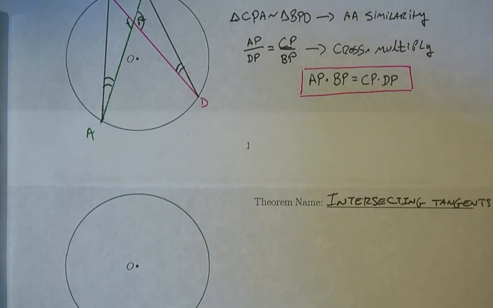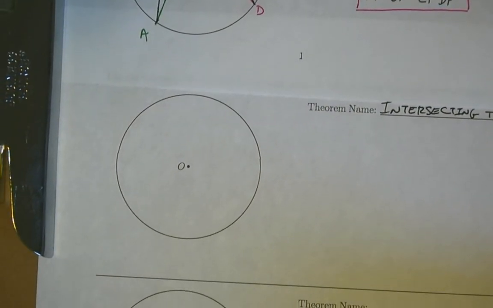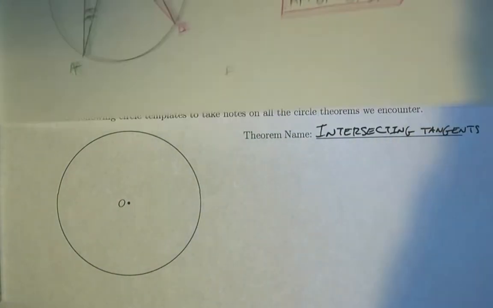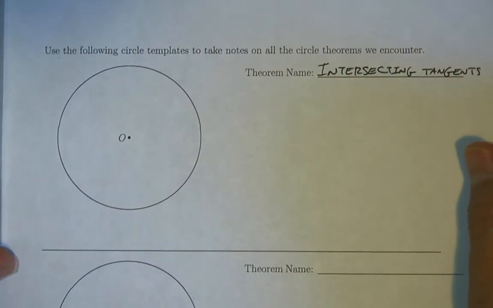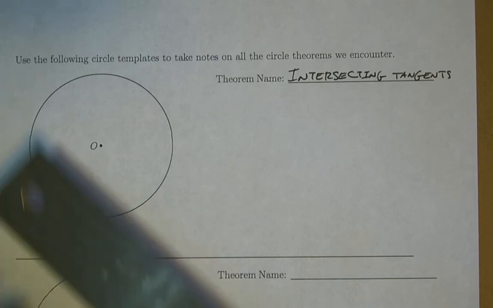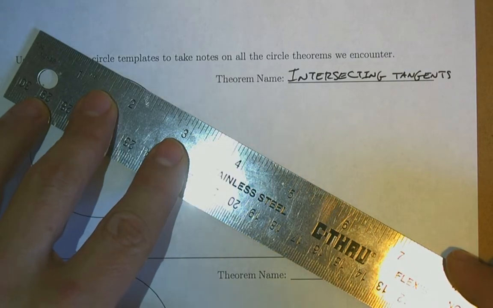Okay, now let's do the next theorem. The next theorem says that if we have intersecting tangents, those intersecting tangents are also going to have the same length. So let's start by drawing our two tangents, and remember that a tangent is a line that just intersects a circle at one point.